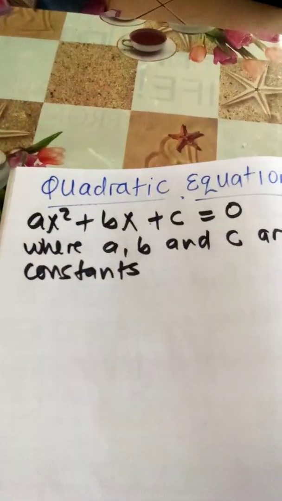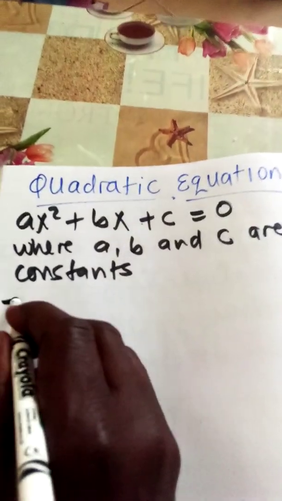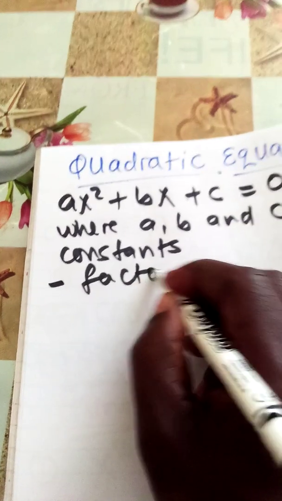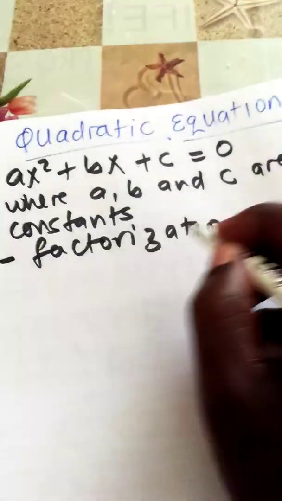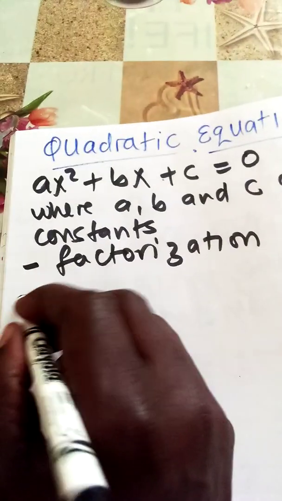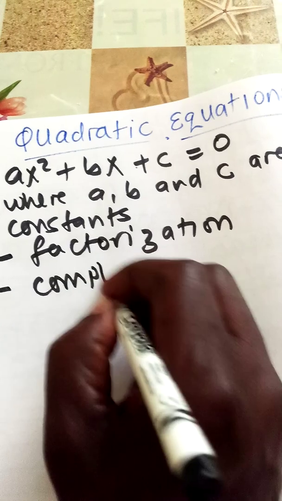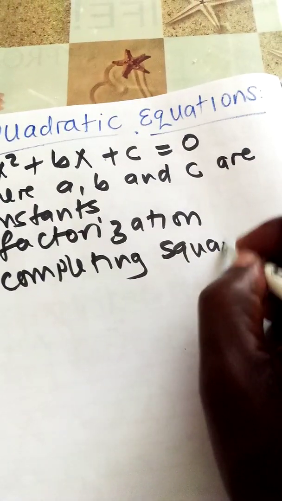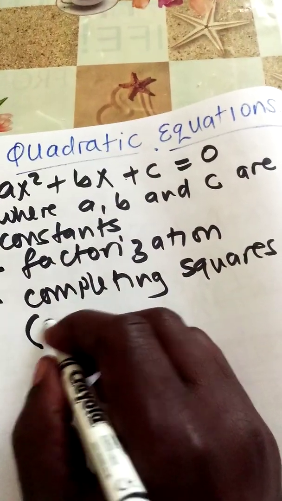There are basically three methods of solving quadratic equations. You can use the factorization method, then you can use completing squares, or some people call it the quadratic formula.